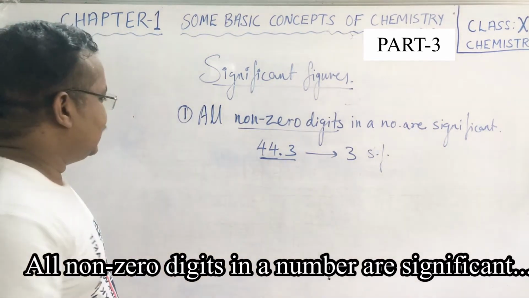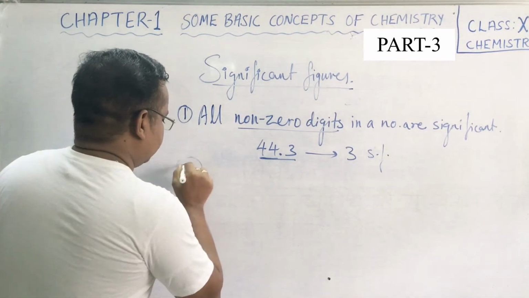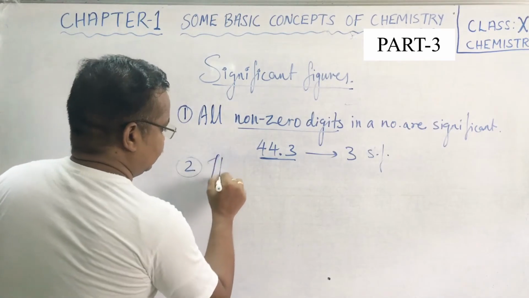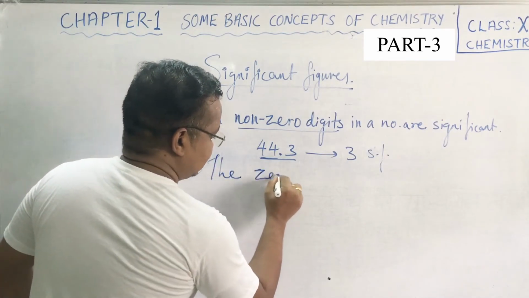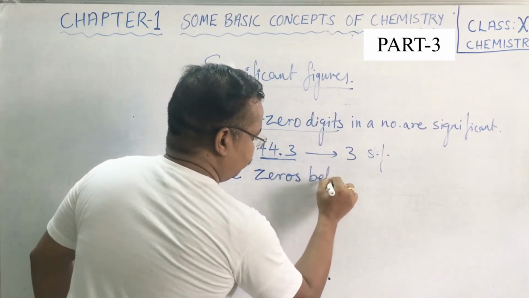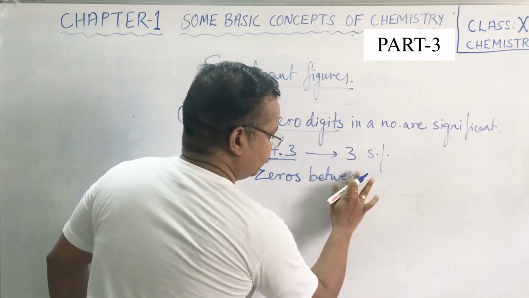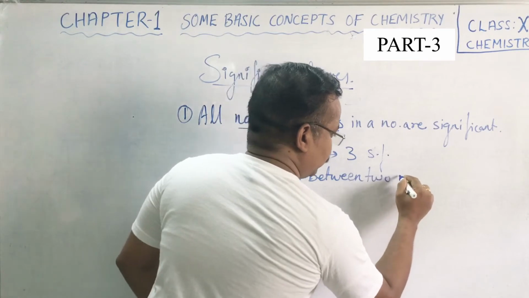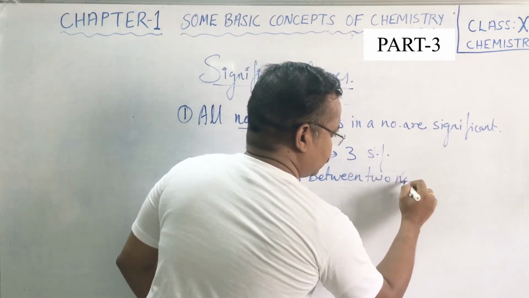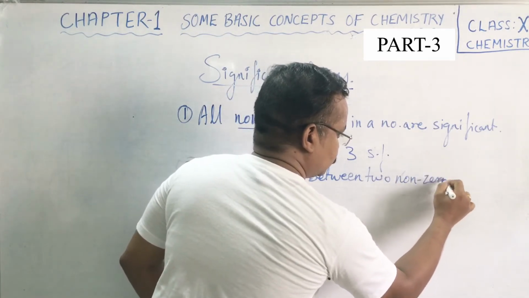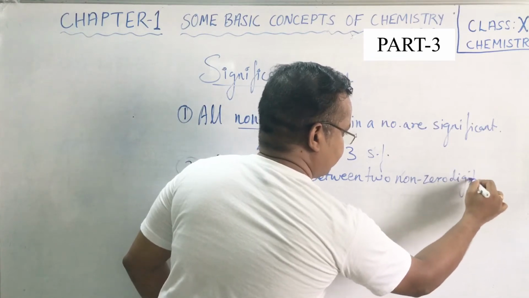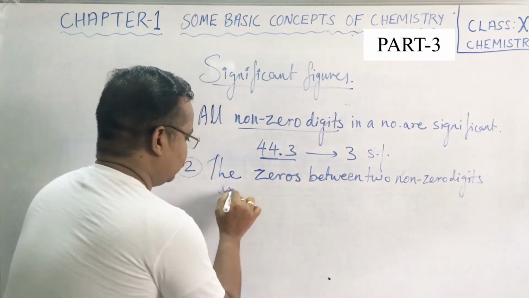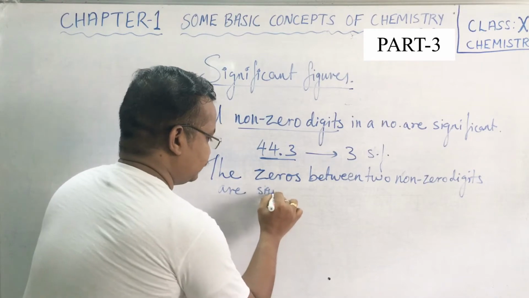Let's go into the second one. The zeros between 2 non-zero digits are significant.